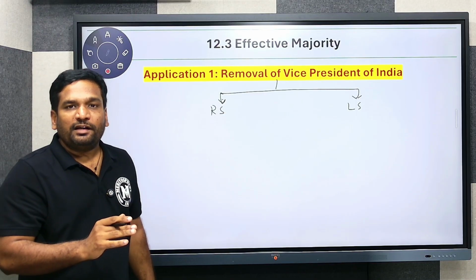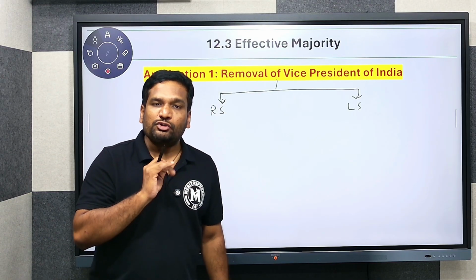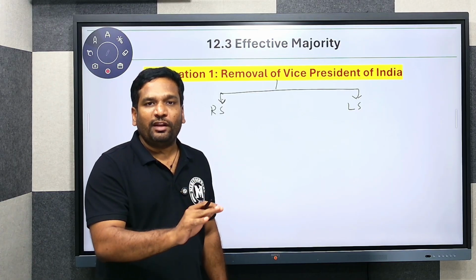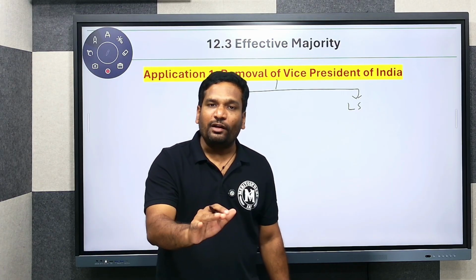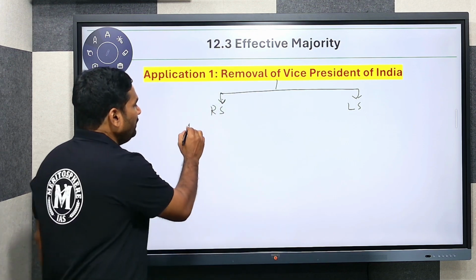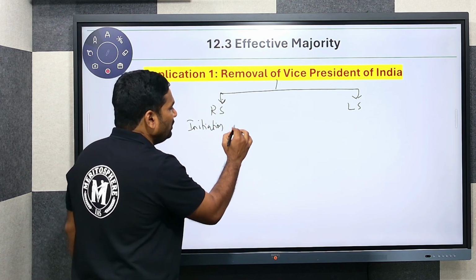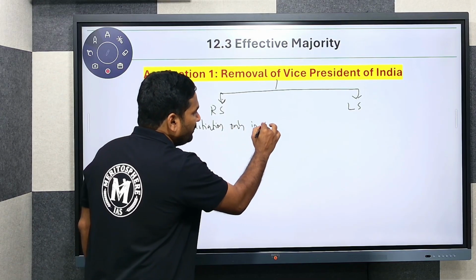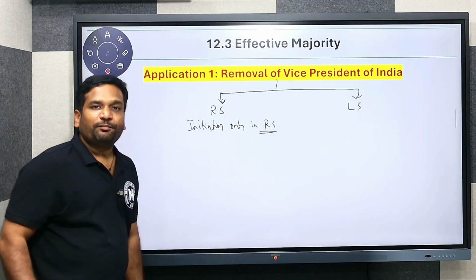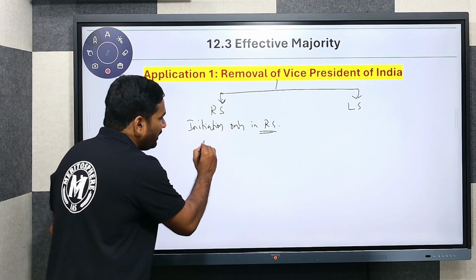The Vice President of India is the ex officio Chairman of the Rajya Sabha. So the resolution pertaining to the removal of the Vice President of India must be introduced in the Rajya Sabha only, and the Rajya Sabha has to accept it with effective majority.